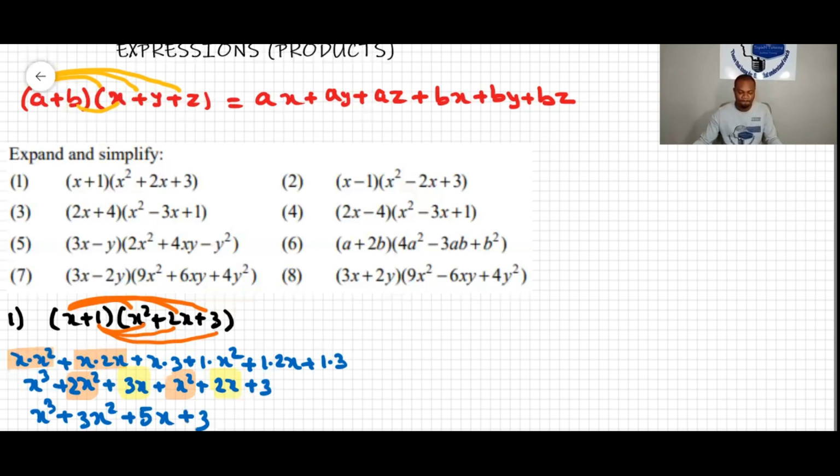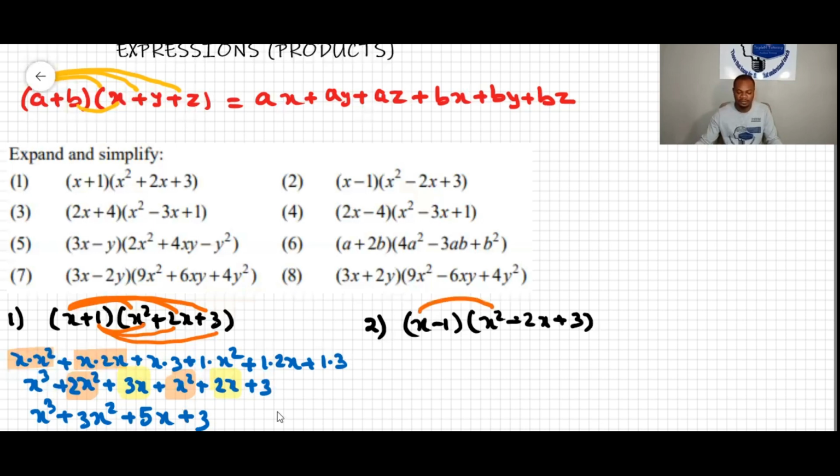Now question 2. We have x minus 1, open bracket, x squared minus 2x plus 3. We're going to do the same thing. First we do x times x squared.